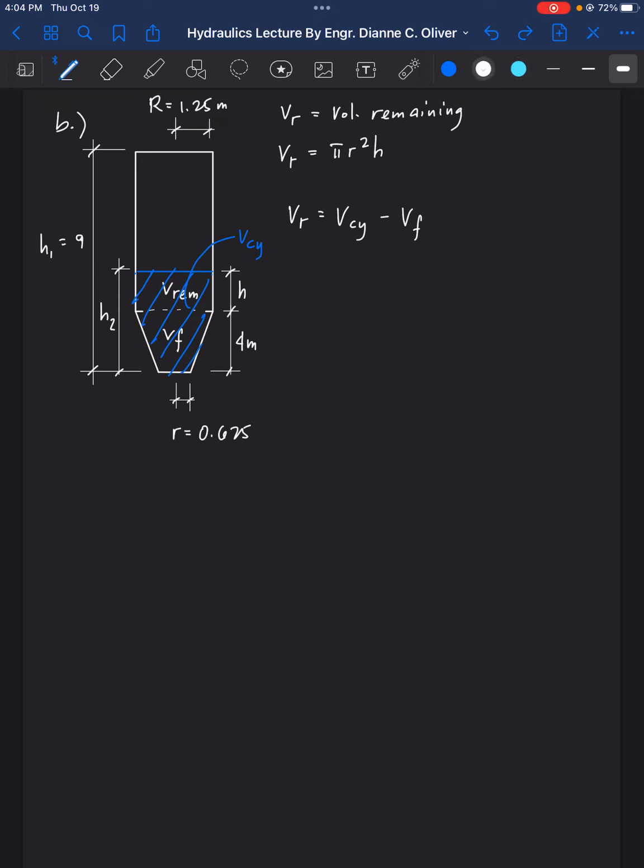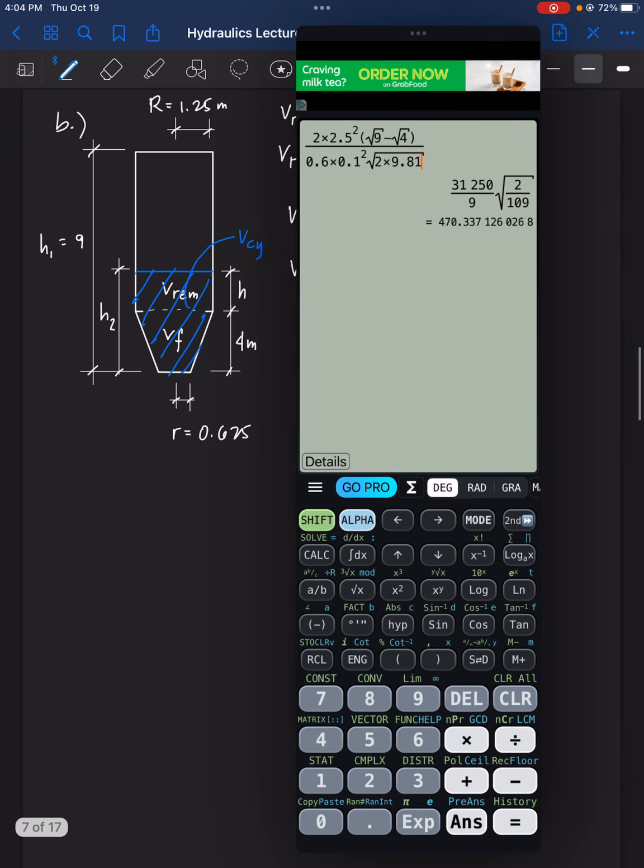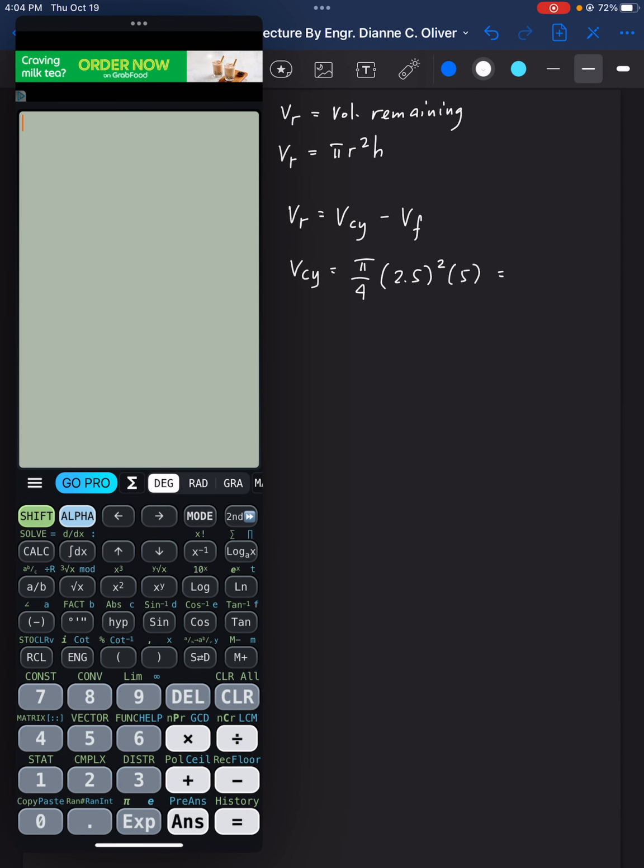So what is the volume of the cylinder? Volume of the cylinder is equal to pi over 4 times the diameter 2.5 squared times the height of 5 meters. So that is equal to pi over 4 times 2.5 squared times 5.